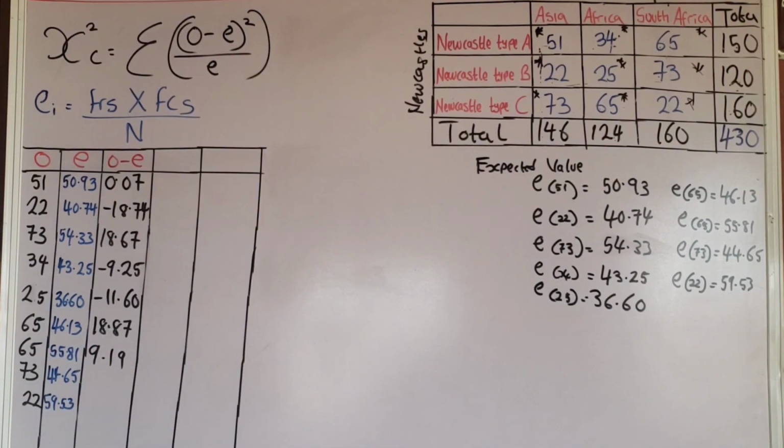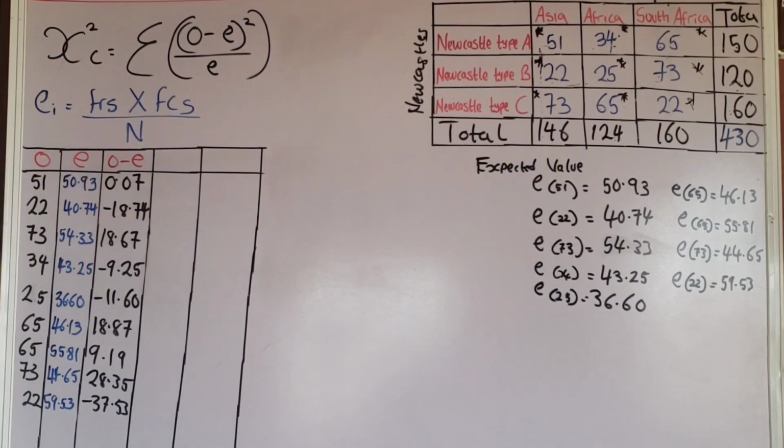So 73 minus 44.65, that is 28.35. Then 22 minus 59.53, that is negative 37.53. So the differences between the observed and the expected values are these.